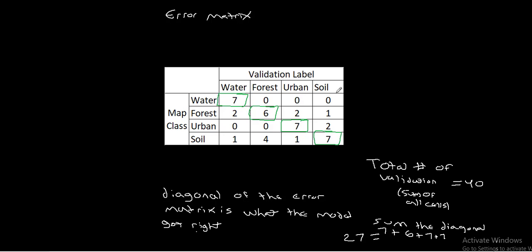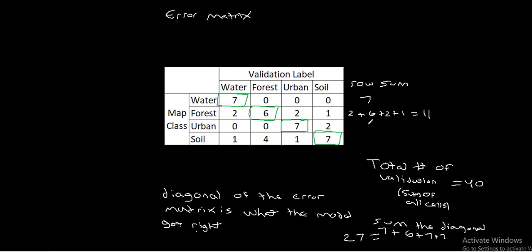Right, we can also sum the rows. So if we sum the rows, we can do what's called the row sum. So the row sum for this would just be 7. The row sum for this would be 2 plus 6 plus 2 plus 1. That's going to be 11.